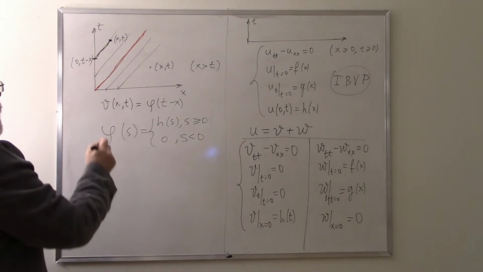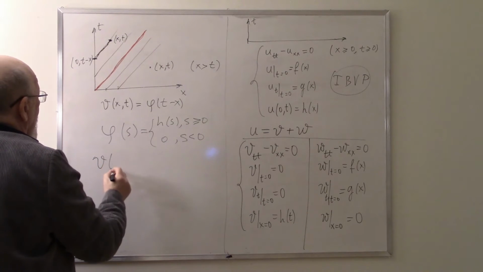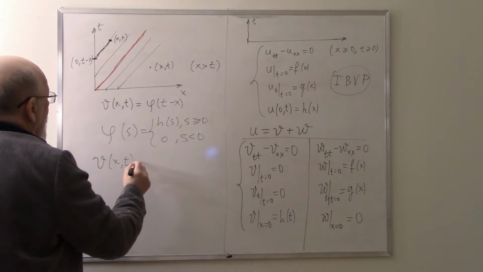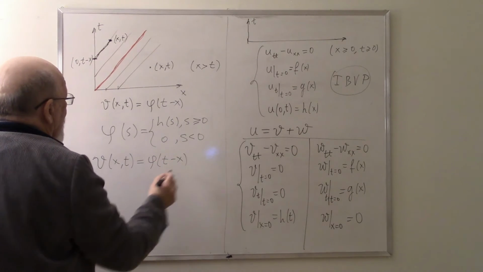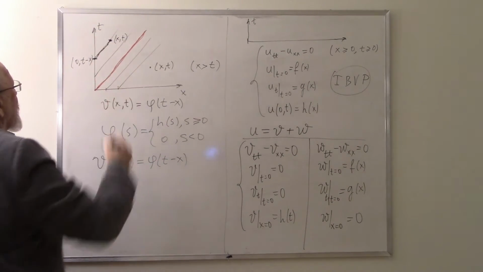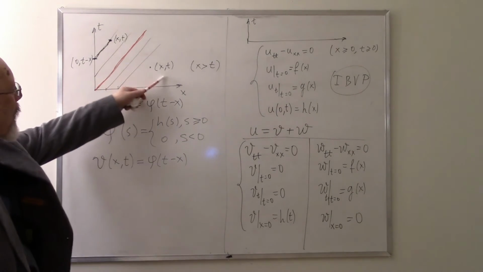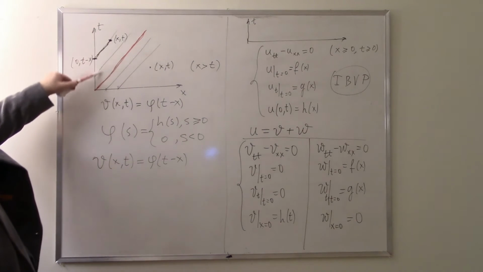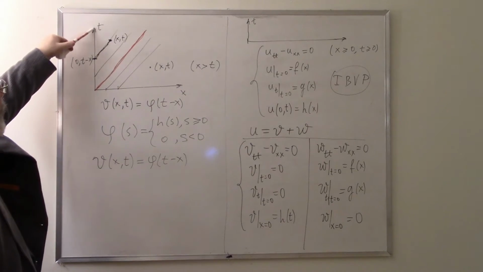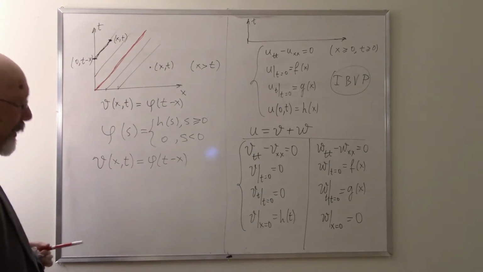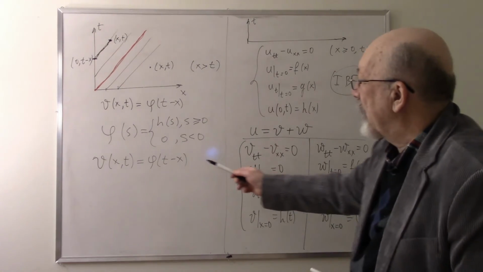Then v of x, t equals phi of t minus x. Here this function is 0. Here this function is a solution satisfying the boundary condition on the t-axis. It is for the function v.